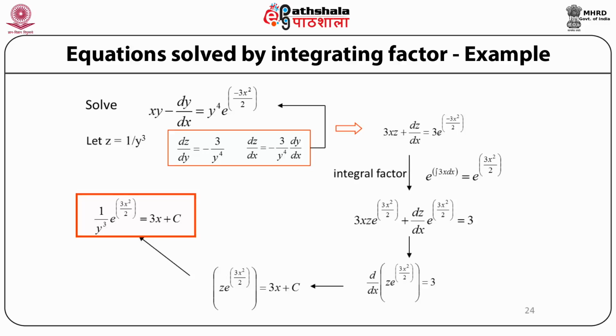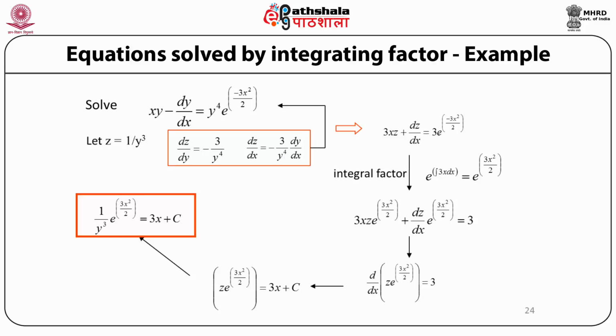Here x is the independent variable, y is the first stage dependent variable, and z is the second stage dependent variable, because z depends on y and y depends on x. So we now have to do z with respect to x also. dz by dx will become minus 3 by y power 4 into dy by dx. Now let us substitute that into this equation.